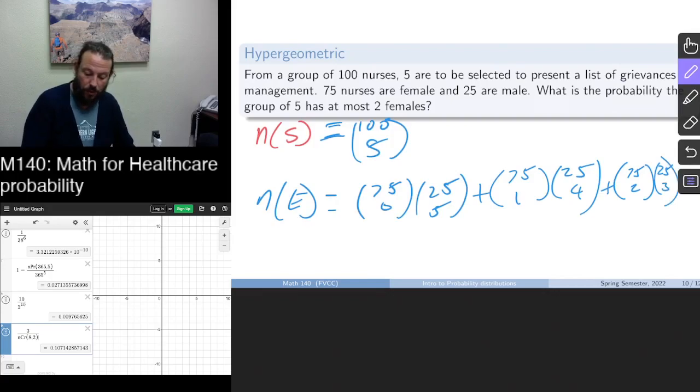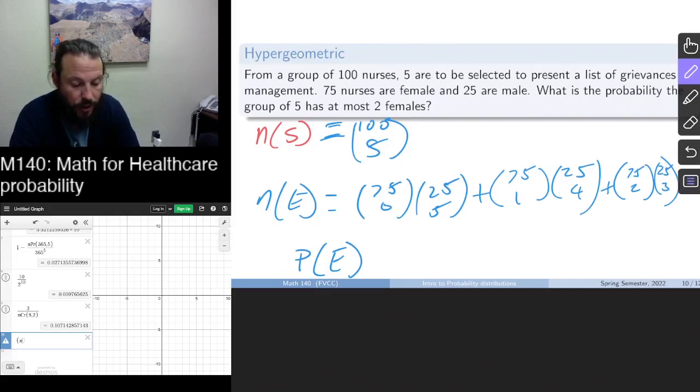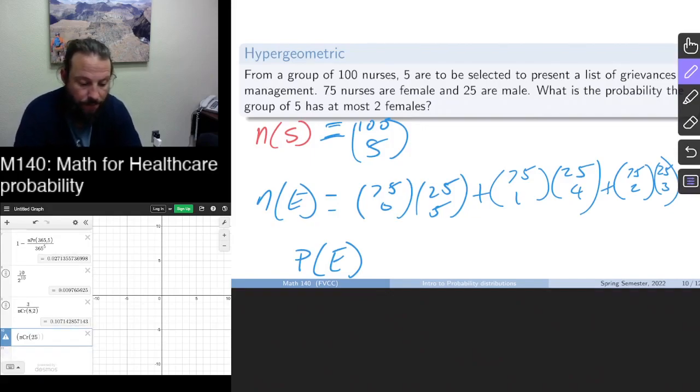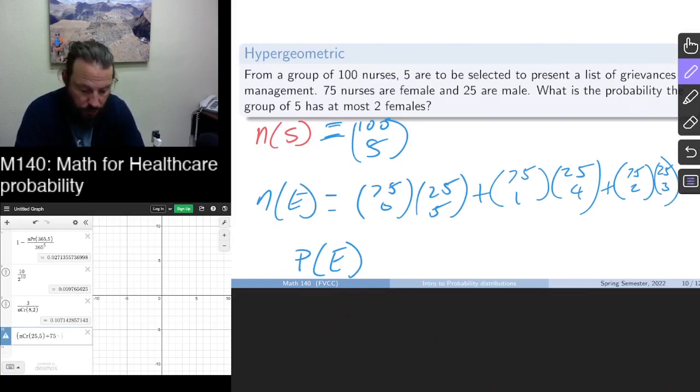Now, for the probability, I'm going to enter it fairly quickly. 75 choose 0 is 1, so first of all, I want parentheses because I'm adding and dividing. We have nCr 25 choose 5, plus 75 choose 1, which is just 75, times 25 choose 4.